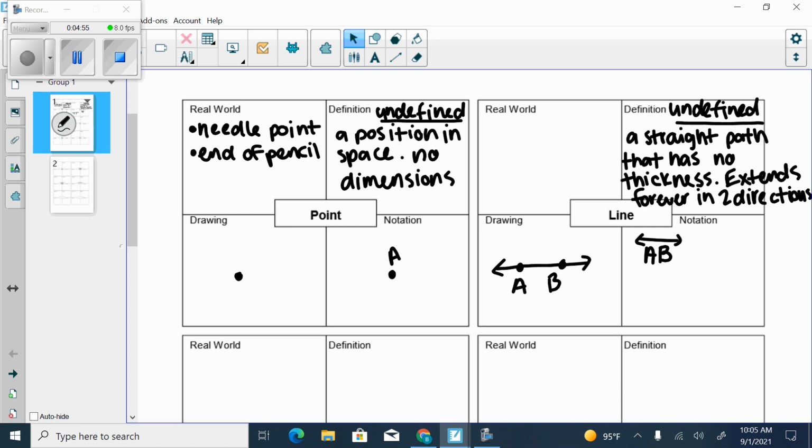You have to put the arrows on both ends, or you're not telling me it's a line. Right? It has to show that it goes on forever. You also could name this line BA. The order doesn't necessarily matter, but you have to have this above the letters. Arrows on both ends. Okay?